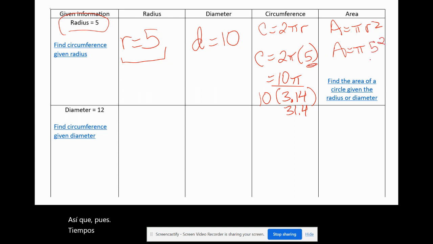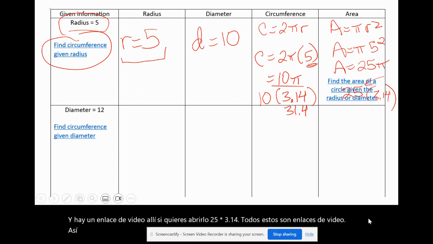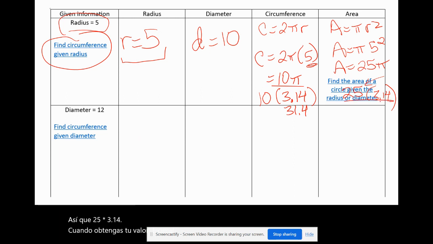Well, that means 5 times 5. It's not 10, it's 25. So 25 times pi. And there's a video link on there if you want to open it. But 25 times 3.14. All these are video links. So 25 times 3.14, and you get your decimal value. I'm going to let you do that on your own calculator.